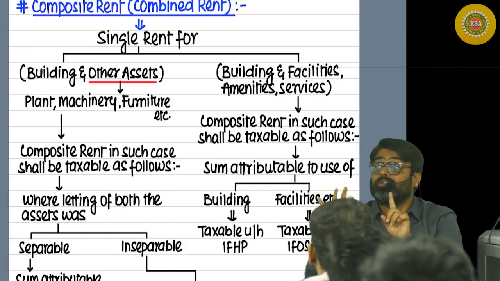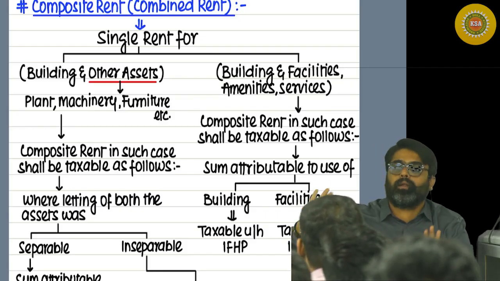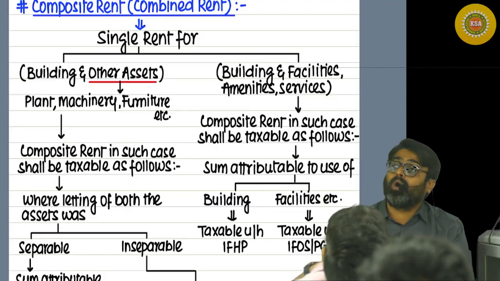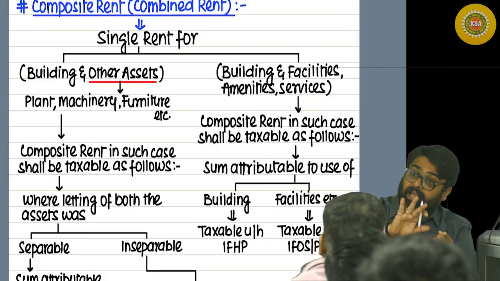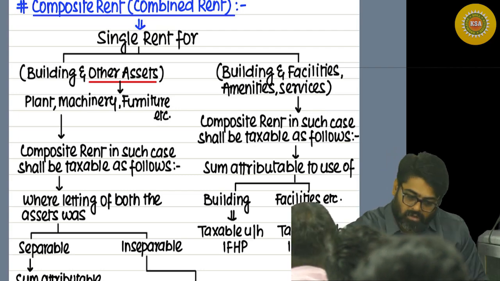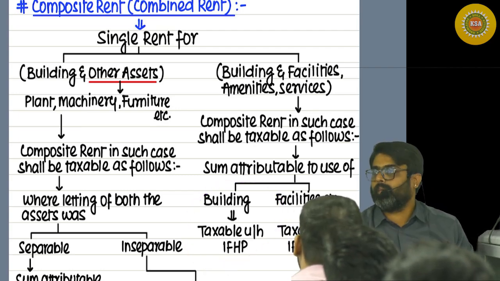Do one thing: the cost of facilities cannot be taxed under the head house property. Separate it. It will be taxable under the head IFOS. Only the rent remaining after excluding this cost of facilities will be taxable under the head house property. Will you remember this?